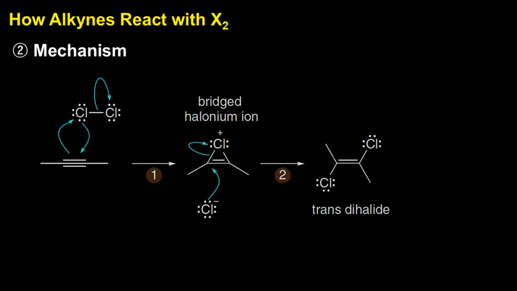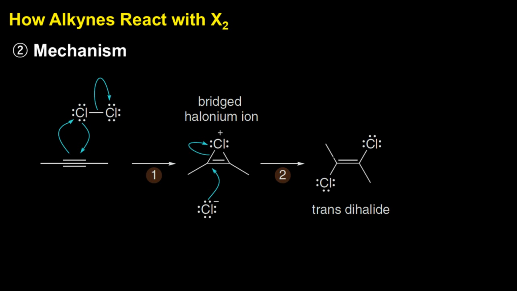Here's what's actually going on in that first step. The alkyne has two pi bonds, and one of them donates electrons to the halogen molecule, Cl2. As that happens, the Cl-Cl bond breaks apart, and one chlorine leaves with a full negative charge. Meanwhile, the other chlorine forms a three-membered ring by bonding to both carbons of the alkyne, and that gives us the bridged halonium ion.